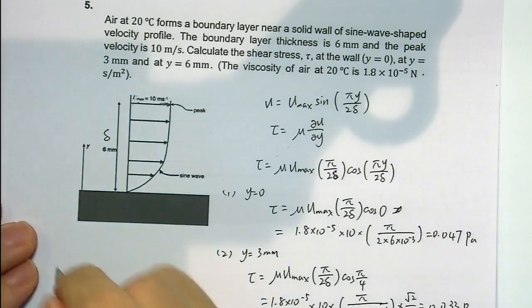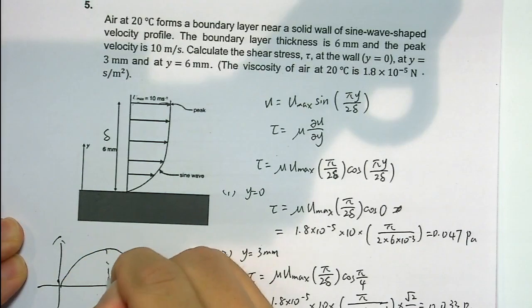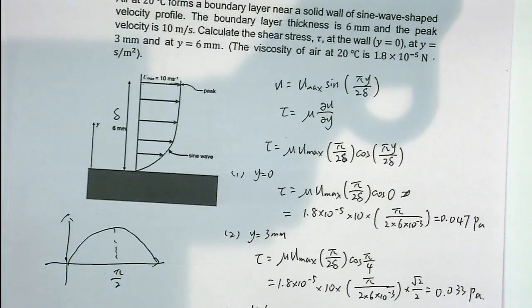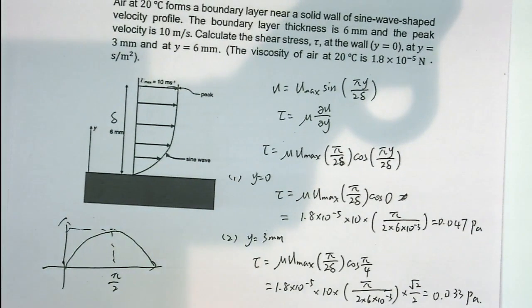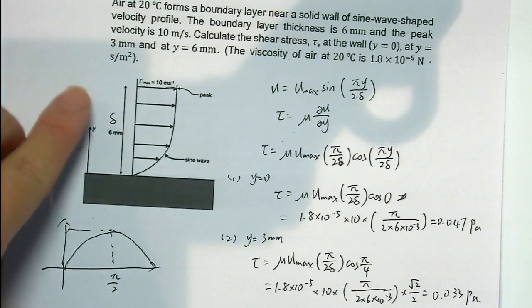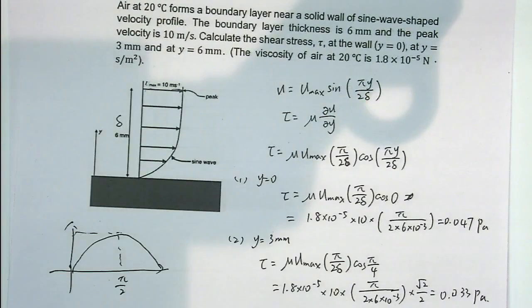Because for the sine wave, at pi over 2 we get the peak. So if we put the delta into the term, we need to get pi over 2. Okay?